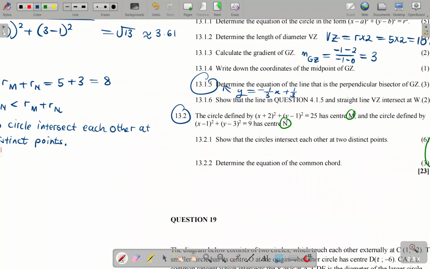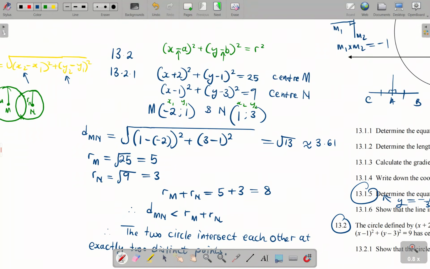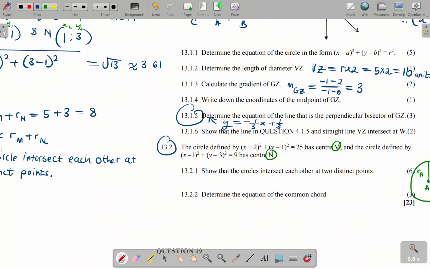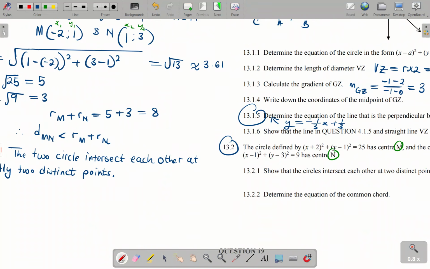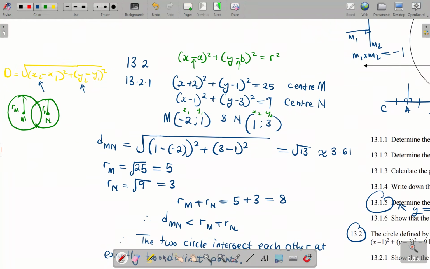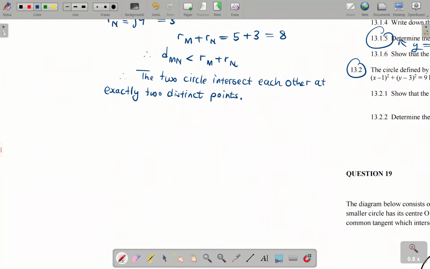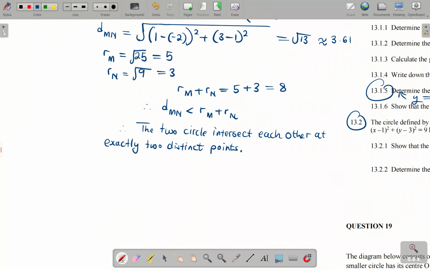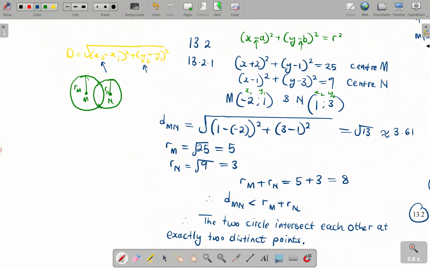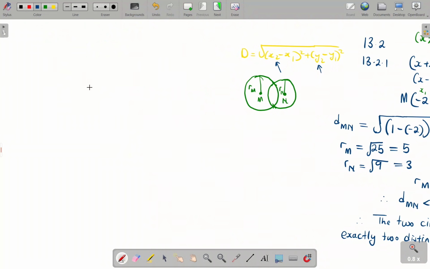So let me see where I can write this. So they say 13.2.2, determine the equation of a common chord. I'm just gonna write it here. I think the space is enough for this, but it's just gonna be a lot. Let me write it here. 13.2.2.